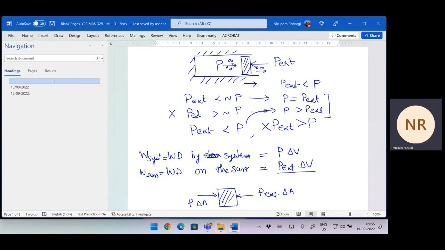Within the system, it's not going out. We have only to bother how much work has gone out. What remains within the system is not gone. So what has gone out? The surrounding has been displaced and some work has been done. It is P external delta V.